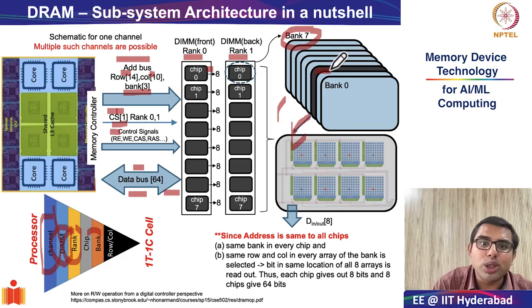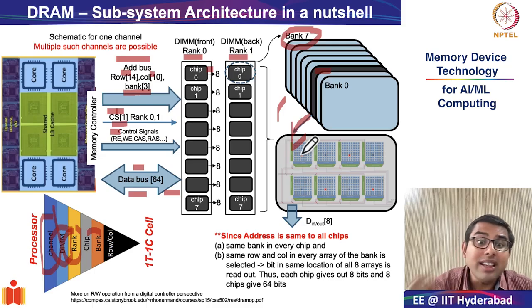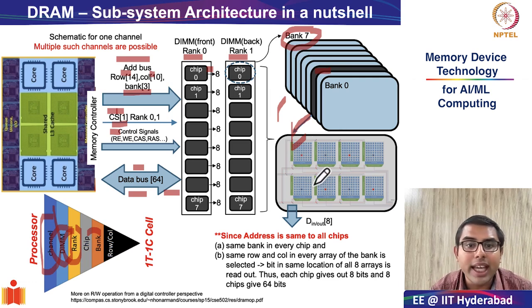And within every bank also, the same row and column address is being selected in every array of the bank. Okay. And therefore, as I indicated, from each and every row and column, 1 bit is outputted, and therefore from one bank 8 bits are outputted, and of the 8 banks, at a time only one bank is selected in the chip.